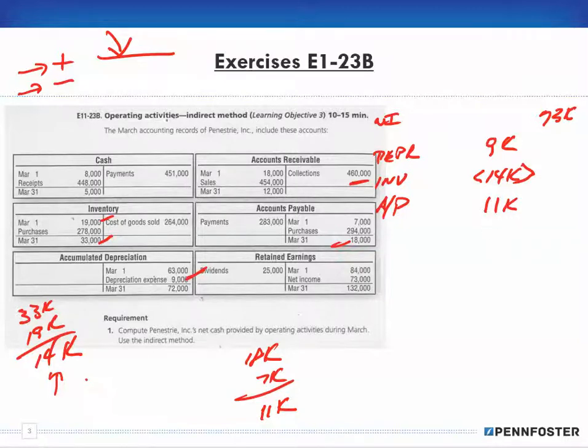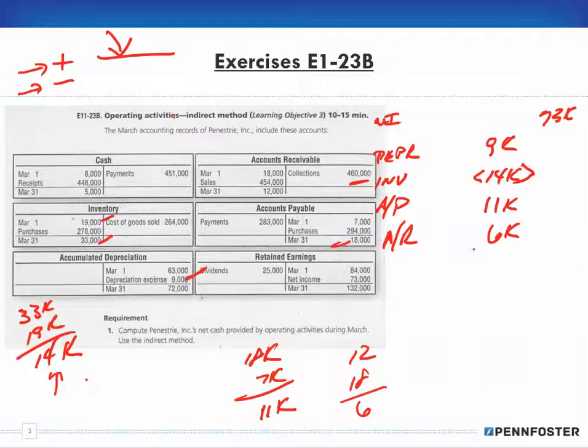Oh, I forgot accounts receivable. For our accounts receivable, I have 12,000, and I started out with 18,000, so the difference is 6,000. That's going to be $6,000 because our accounts receivable decreased by $6,000.